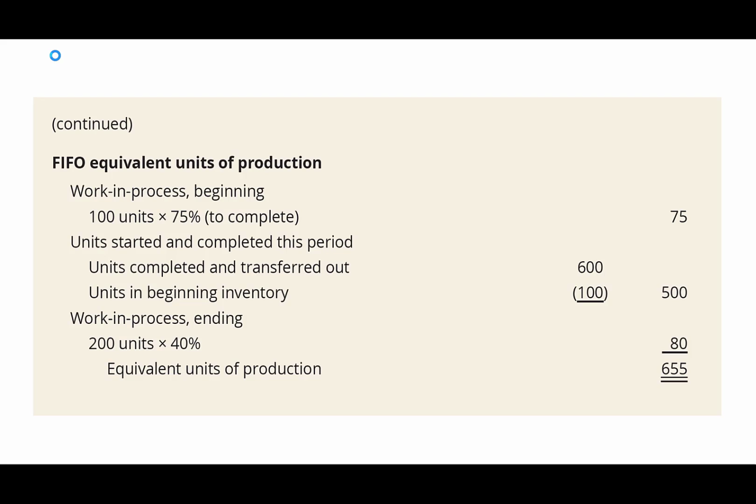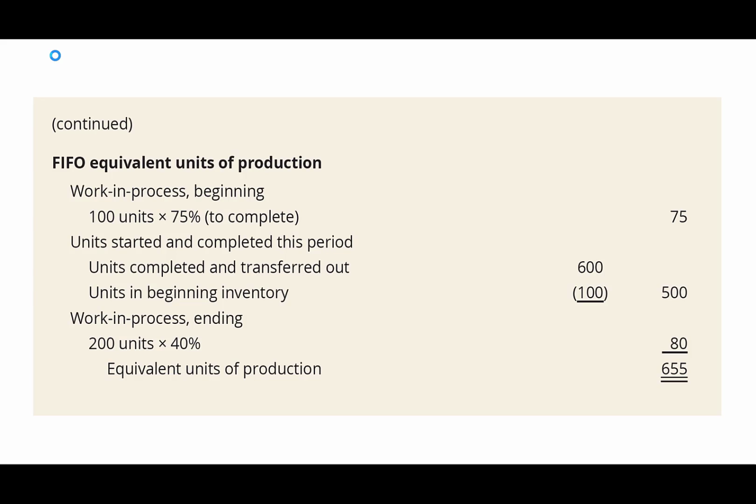So we take the 100 times the 75. We've accounted for the beginning inventory, haven't we? Then we pick up the units completed and transferred out, but we have to back out the 100 that were in beginning inventory because we only gave ourselves credit for 75 equivalent units this period, right? Not the full 100. So we back that out. That gives us the units started and completed, right?